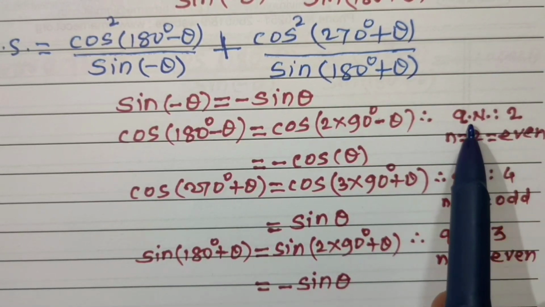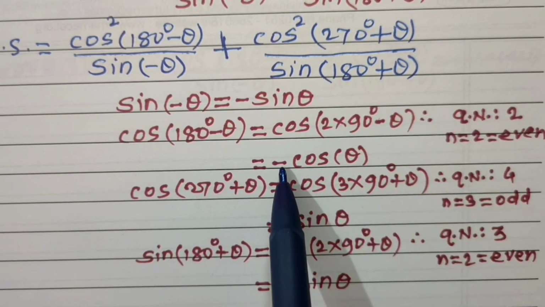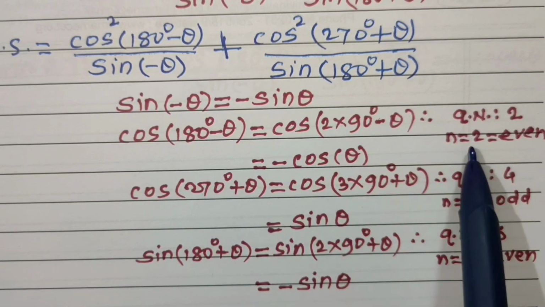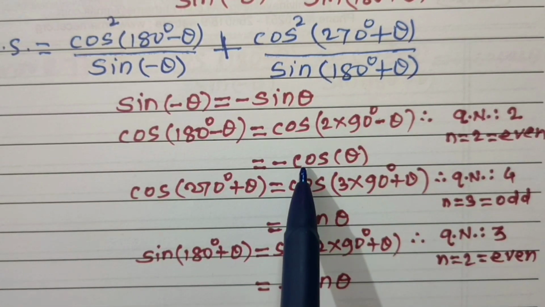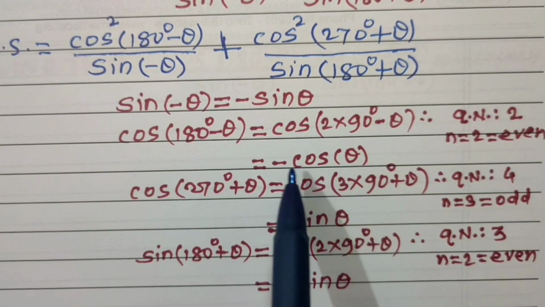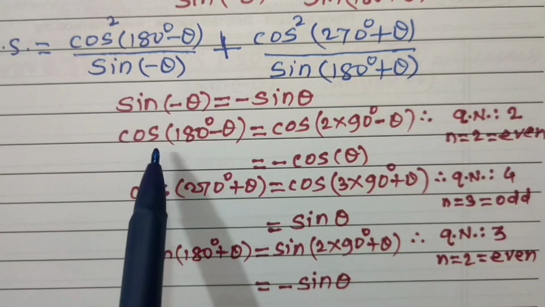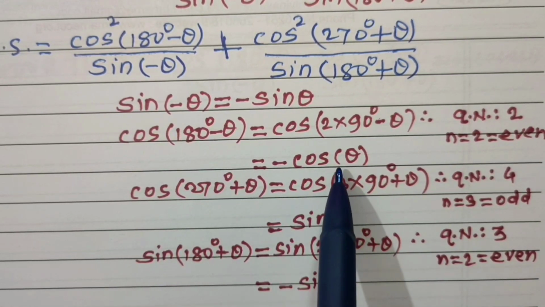And you know, in quadrant number 2, the cosine ratio is negative. So due to this quadrant number, we put a minus sign, and due to n being an even number, the cosine ratio remains cosine as it is. So cos of this acute angle theta gives minus cos theta. So cos of 180 degree minus theta is equal to minus cos theta.